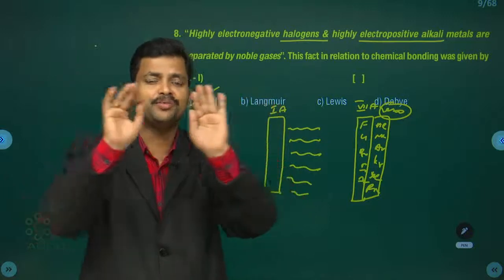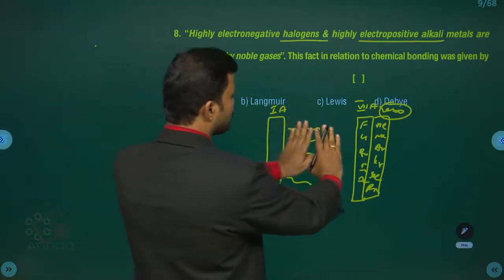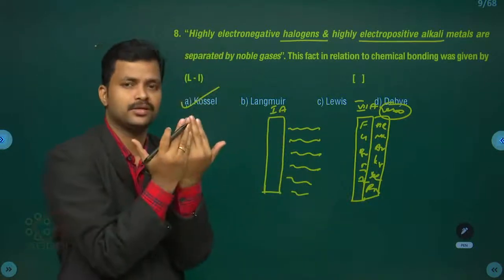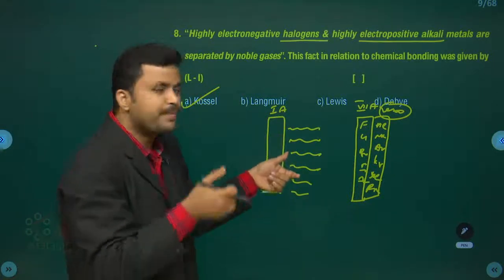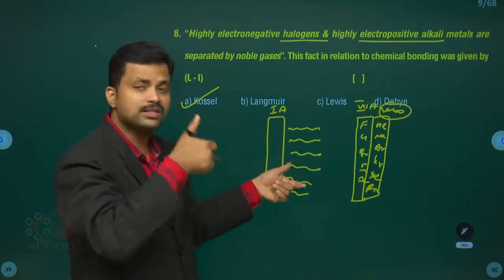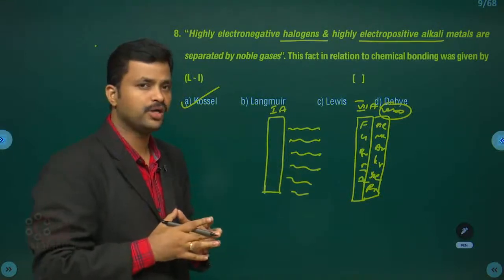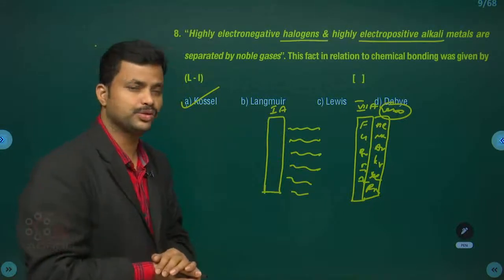Imagine the periodic table in a cylindrical manner. If you join the periodic table sheet from the back end, then 1A group elements, then after the middle 0 group elements, and then halogens, like that they will be. That is given by Kossel's observation.